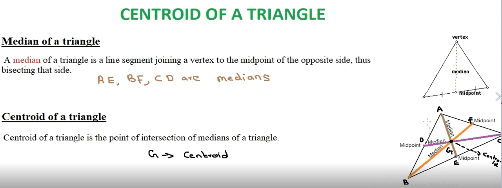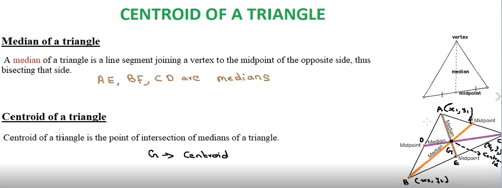Now, if the three vertices A, B and C are given, how can we find the centroid of the triangle? Let A be the point (x1, y1), B be the point (x2, y2) and C be the point (x3, y3). Then how can we find the centroid of the triangle ABC?